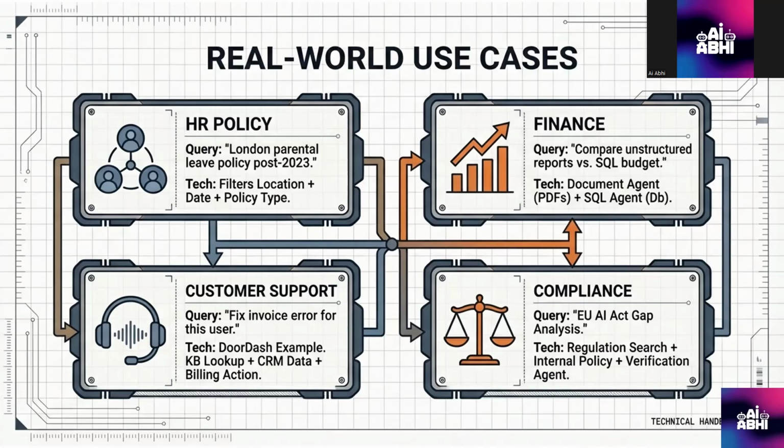The agentic system searches the knowledge base for the invoice correction process, checks the customer's account in the CRM, retrieves the relevant invoice from the billing system, and provides step-by-step instructions specific to that customer's situation. Even DoorDash built exactly this for their Dasher support: multiple specialized agents handling different data sources, coordinated by a central planner.